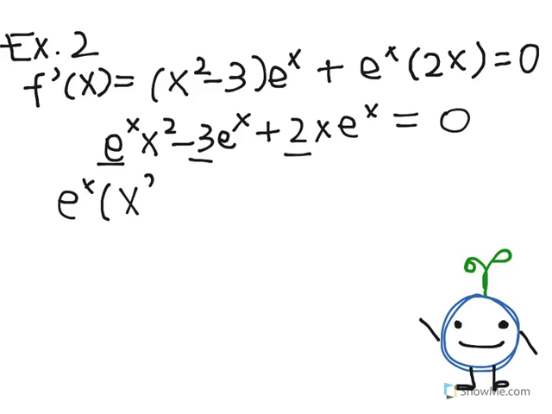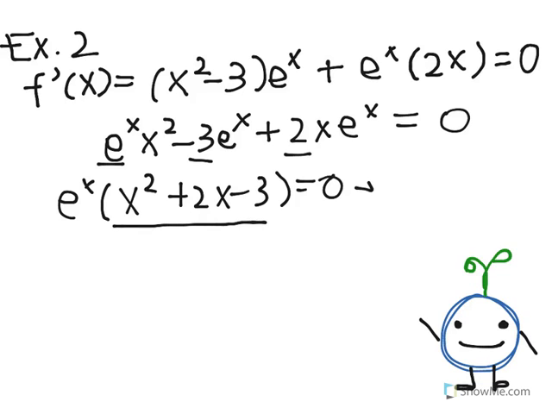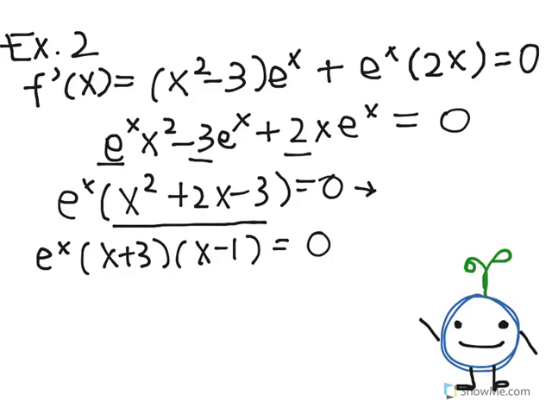So it becomes x squared plus 2x minus 3 equals 0, and we can factor that, so that becomes x plus 3 and x minus 1 equals 0.